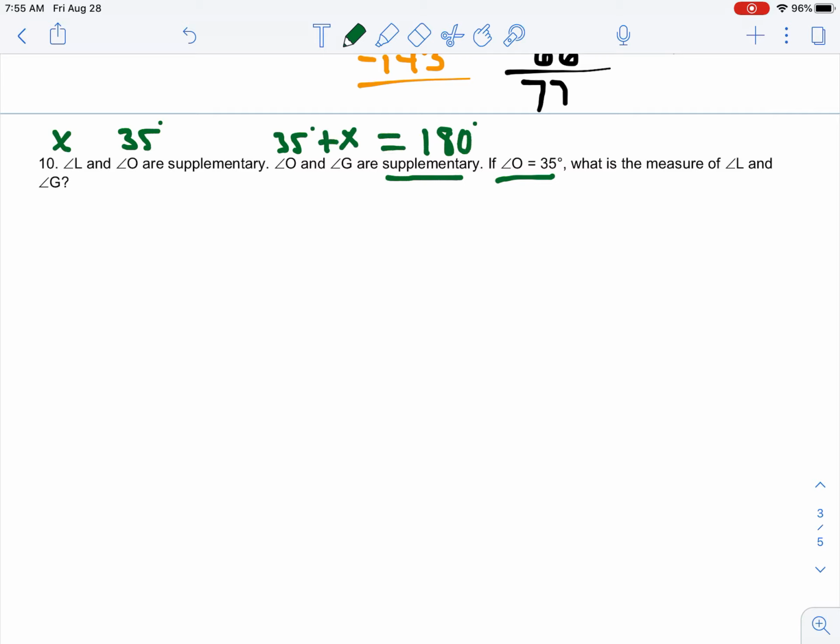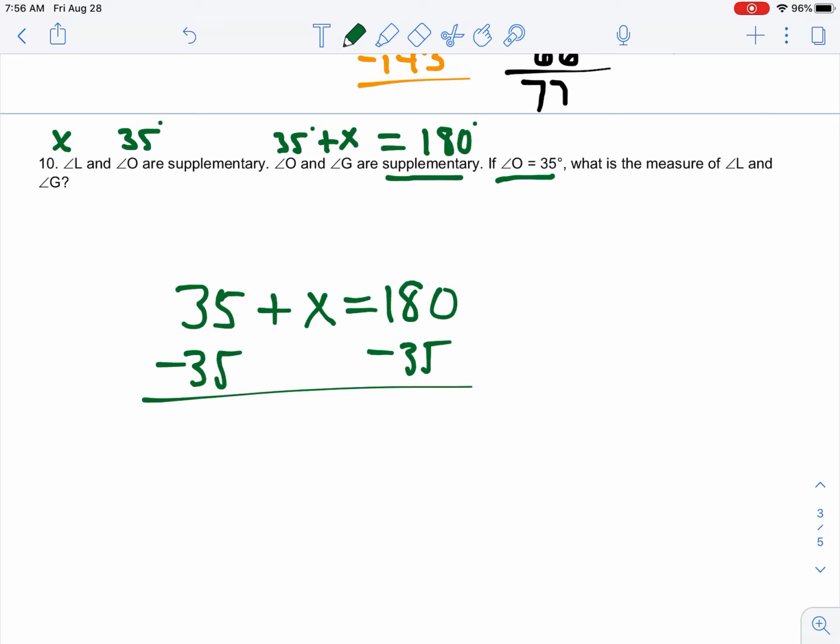So what we're going to do is we're going to say 35 plus blank, or X, has to add up to equal 180. Well, if I solve that, I'm going to subtract 35 from both sides, and that tells me that our missing angle will be 145.